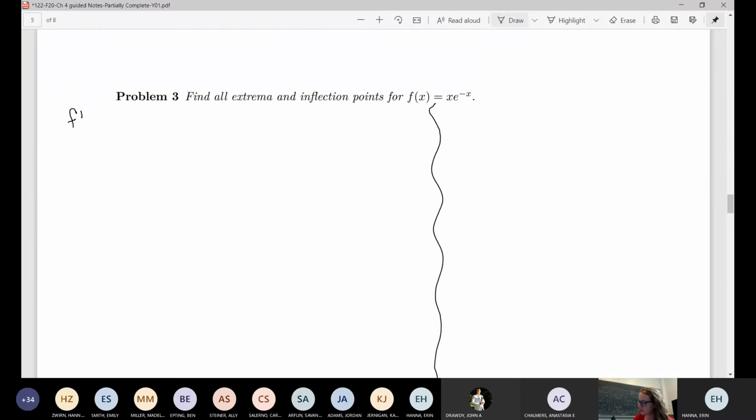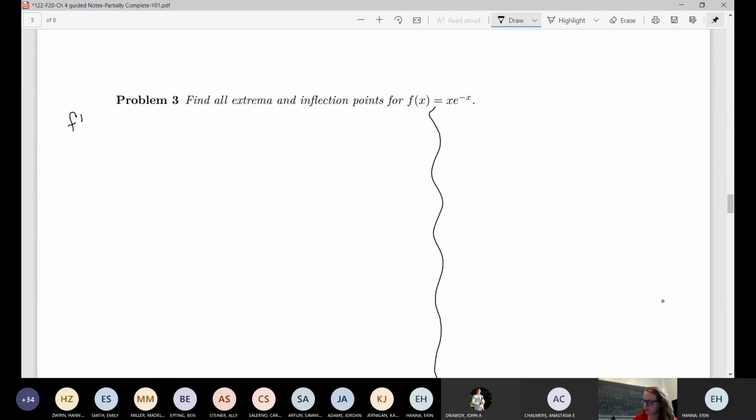Now note that this is going to be a product rule. Let me do this up here so that I don't use up any of my space that I'll need for the rest of the problem. If we do our little product rule chart, we have x and then e to the negative x. The fact that you have two x's showing up in completely separate pieces of the function should tell you that this is a product rule.